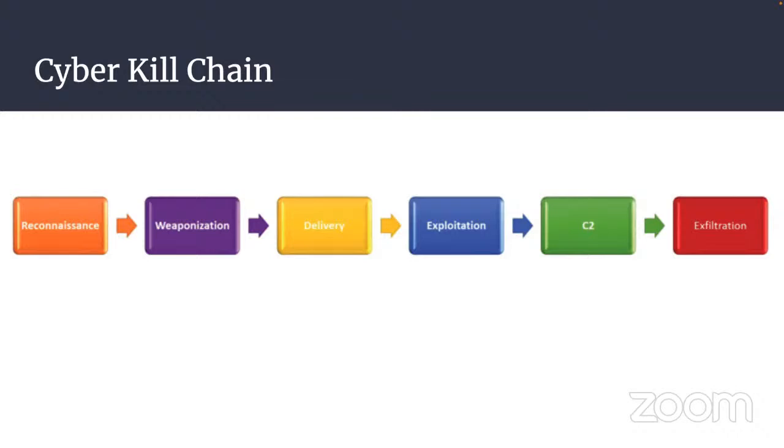So we have the weapon, we deliver it. And that could be through SQLi, spear phishing, an electronic birthday card, however, delivering that piece of malware. There's the exploitation, which is the successful execution of the payload, which could be as simple as clicking a link, opening a file, downloading a file, connecting that USB drive to a computer.